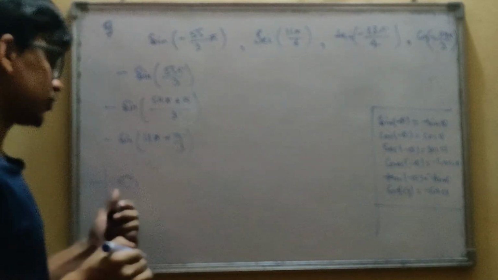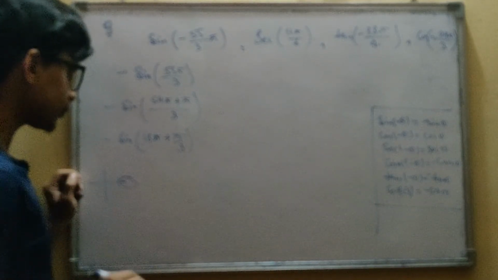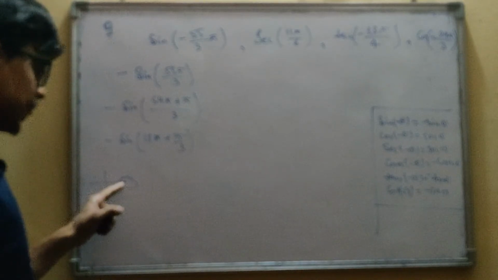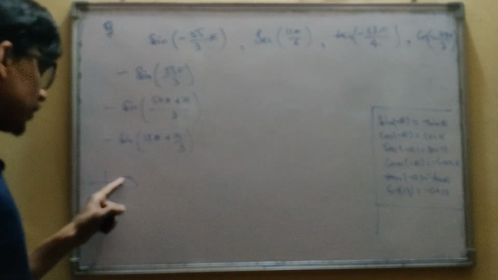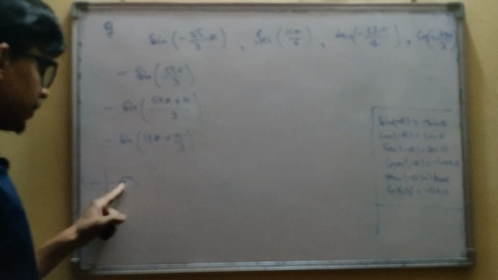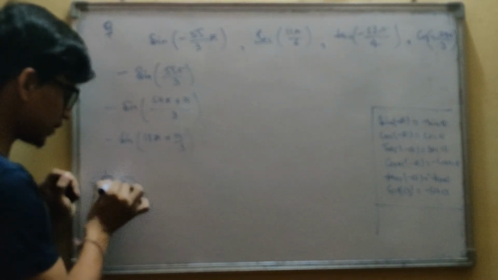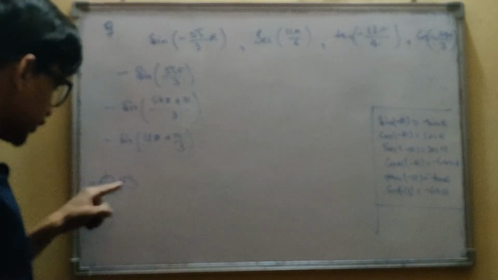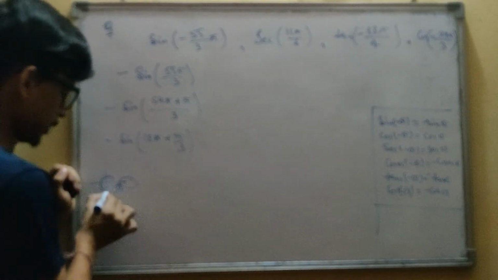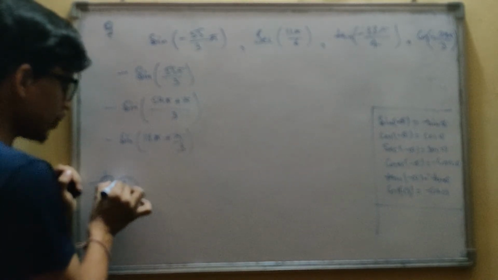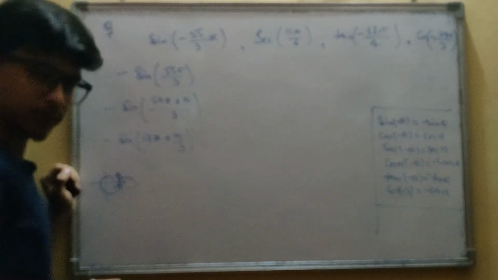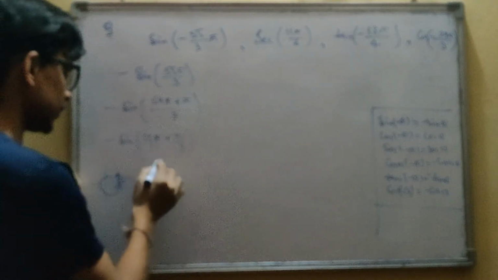So 18 pi is also going to be here. If you add something to it, you are going to get into the first quadrant, so this will lie in the first quadrant.